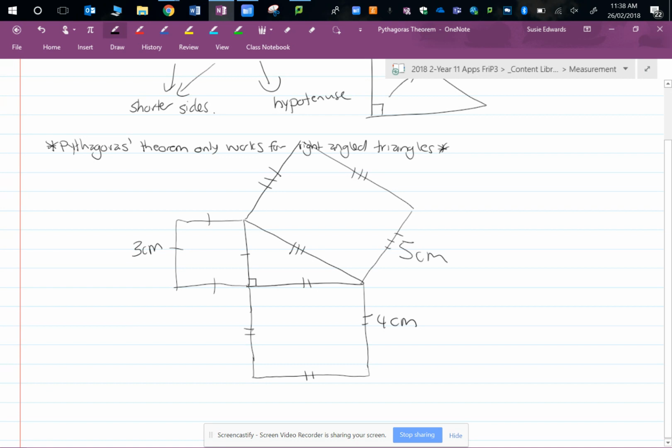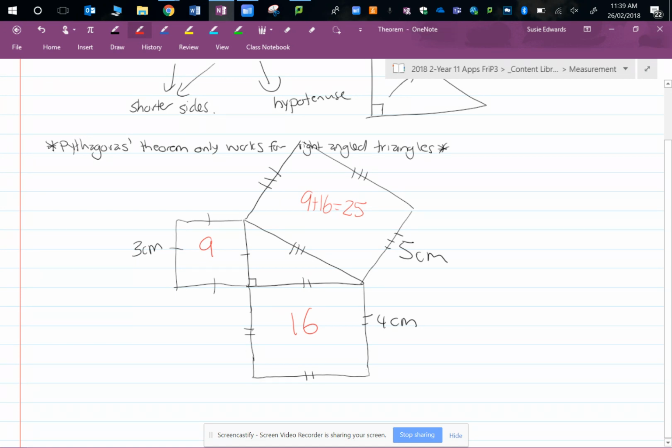If we look at this one up here and we go 3 by 3, what's the area of that square? 9. What's the area of the bottom square? 4 by 4, 16. If I add those two numbers together, what do they equal? And what's 5 times 5? 25.